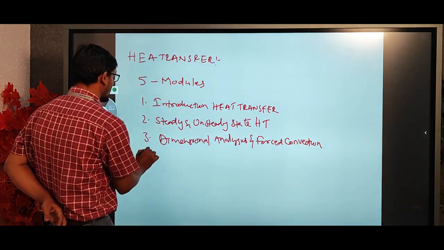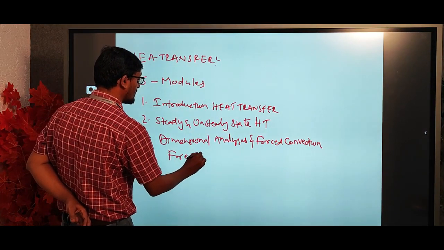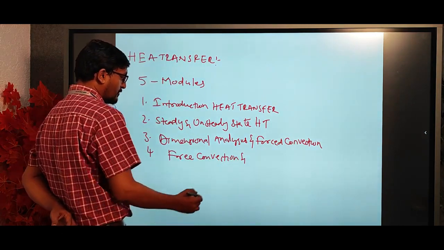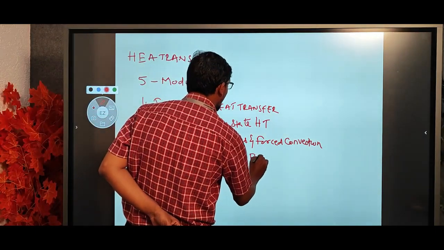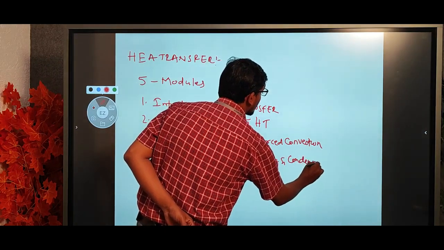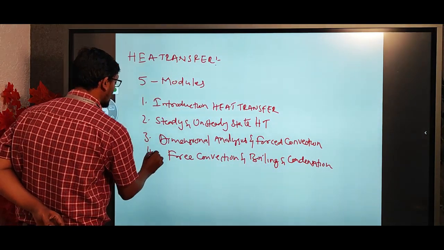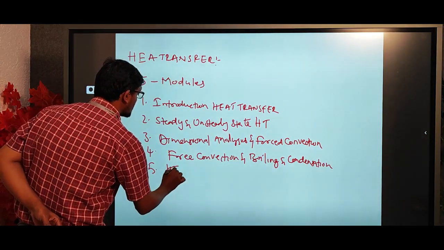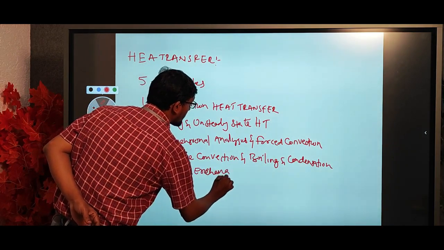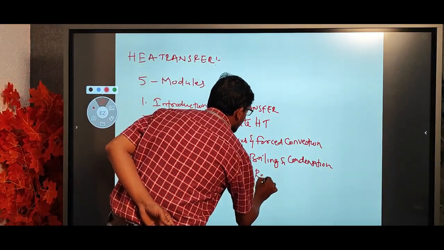In the fourth module we are going to see free convection, and later we will see boiling and condensation, and finally in the fifth unit we are going to see heat exchangers, and the next part is radiation.